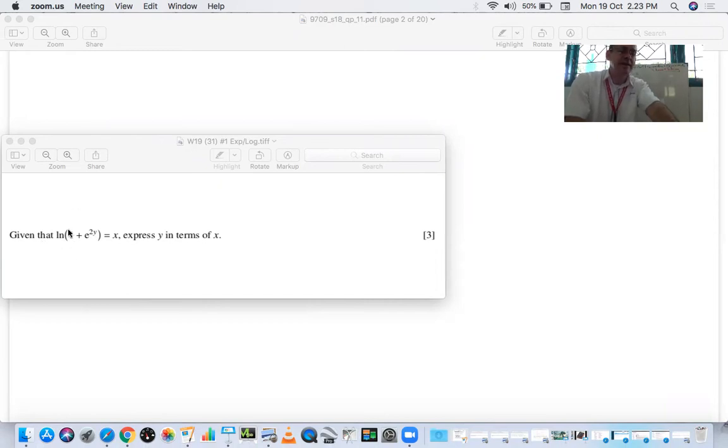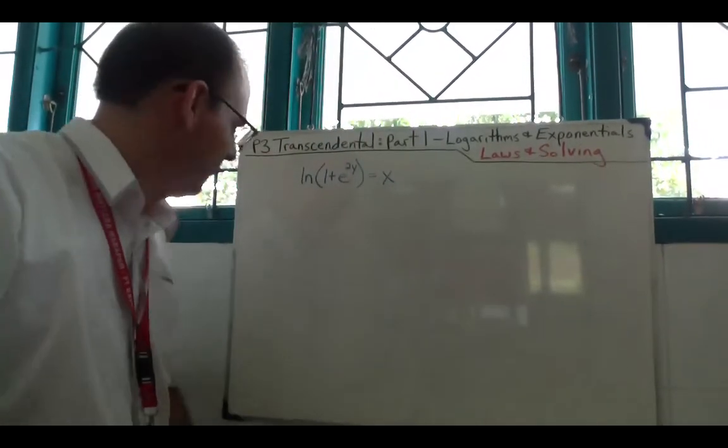Express y in terms of x. In other words, right now, x is the subject, and they want us to rearrange it to make y the subject. So let's come back to the board so we have room to work.